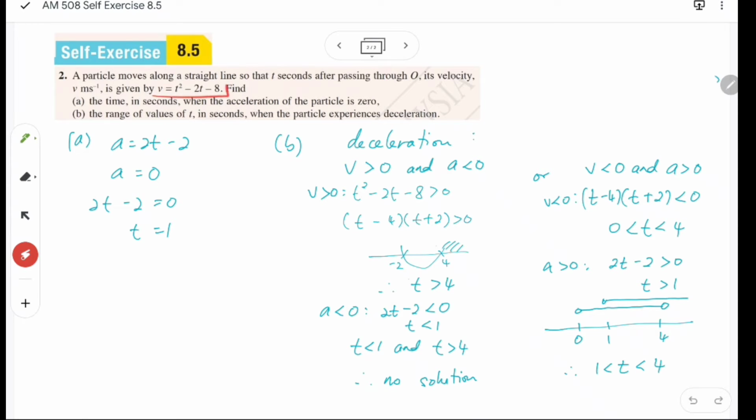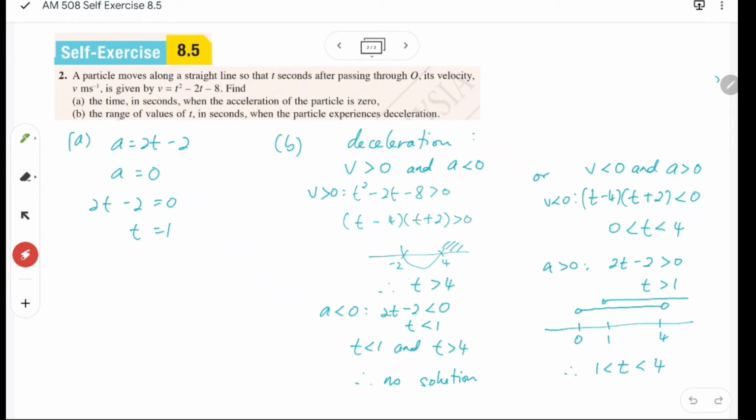Therefore, we need to use the function of velocity and get the rate of change of velocity to get the function of acceleration. So a equals 2t minus 2, where we differentiate the v. When the acceleration is 0, 2t minus 2 equals 0, and we get t equals 1.